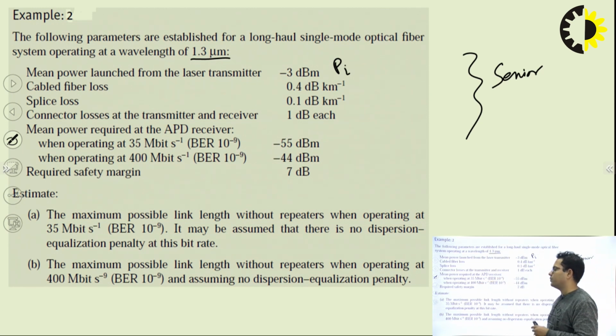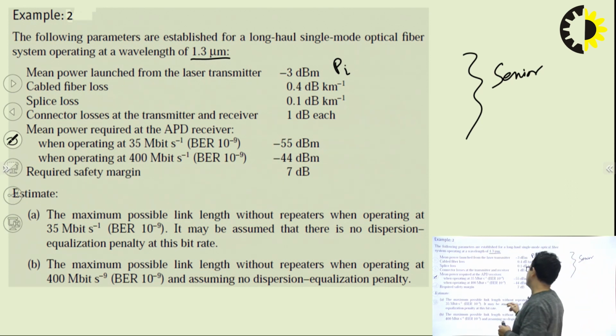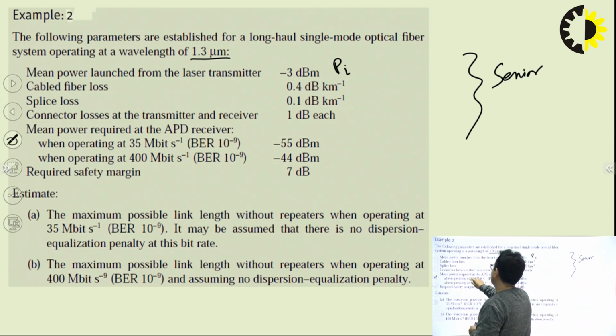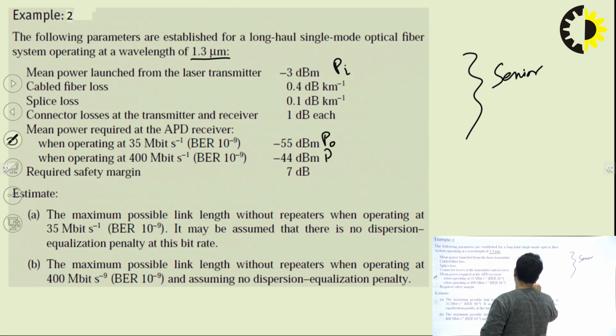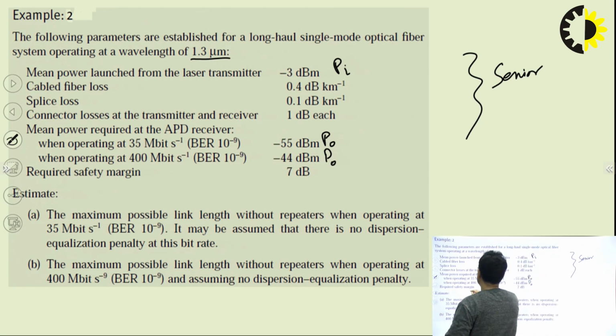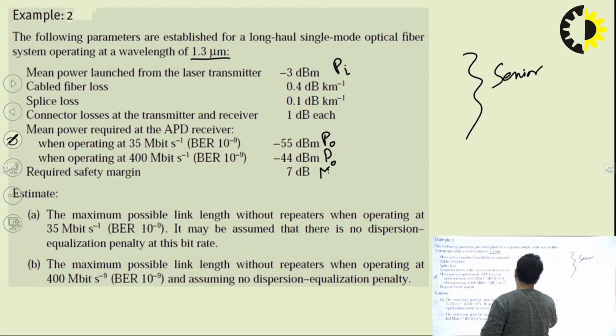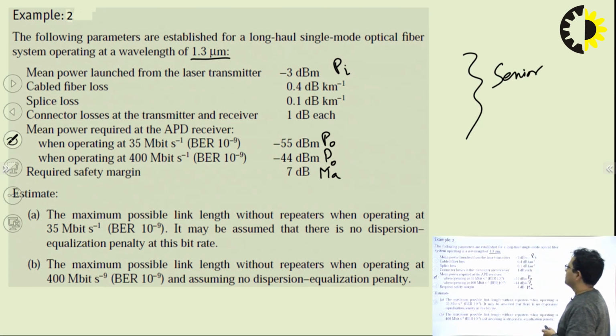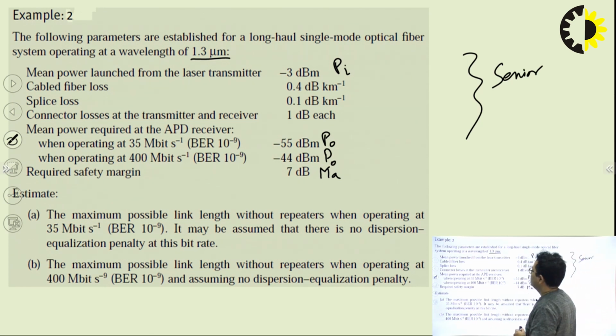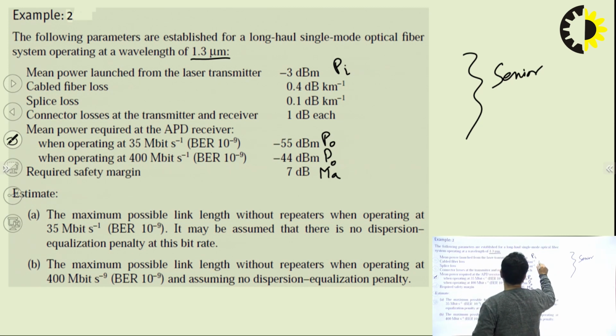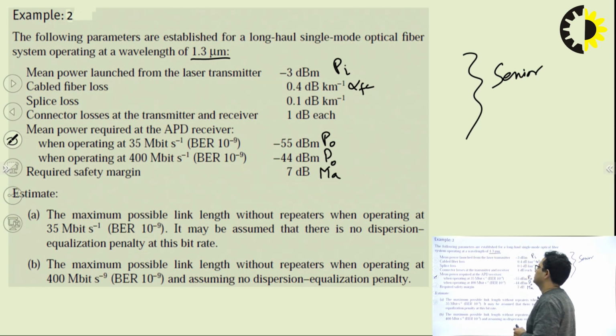Similarly, when it is operating at 400 Mbps, what is the mean power required? So this is your PO and this is also your PO. And finally there is the safety margin, which is given by MA, already given in your question, right? So we have the fiber cable loss, known as alpha FC, and the splice loss.